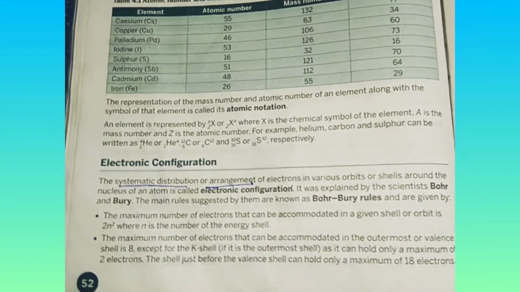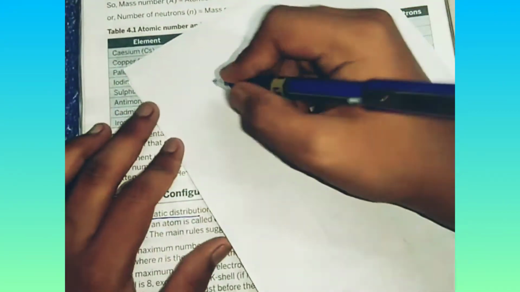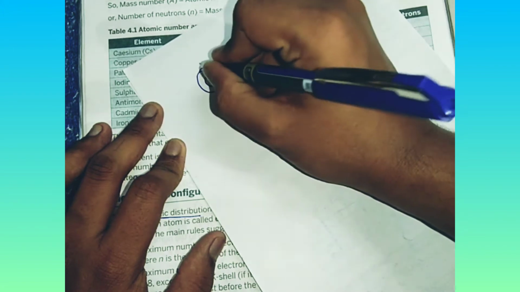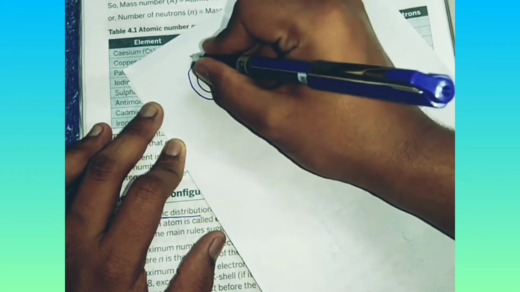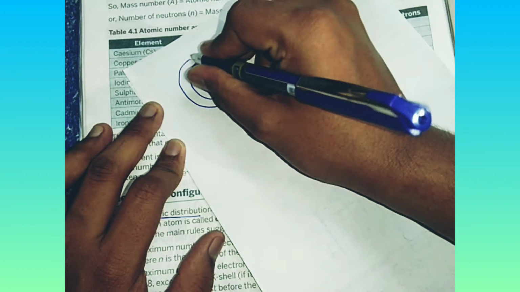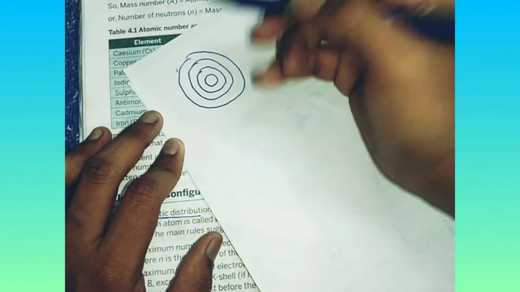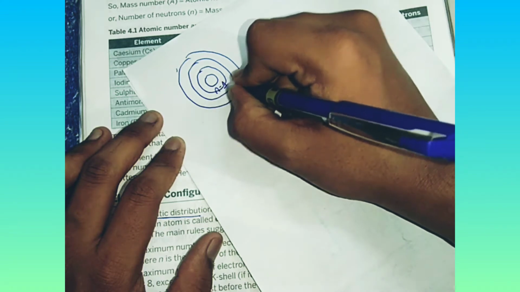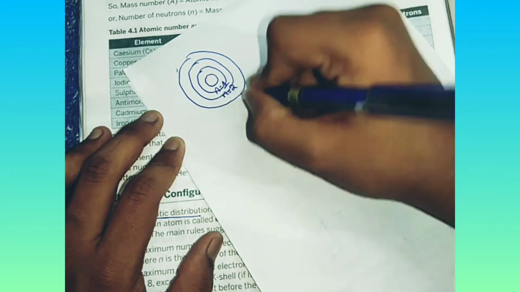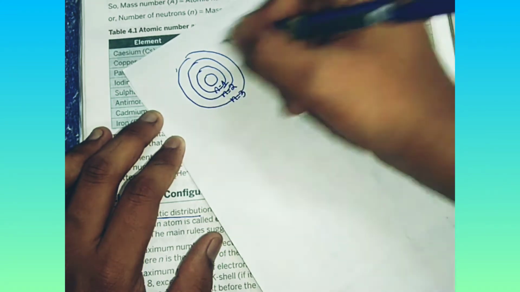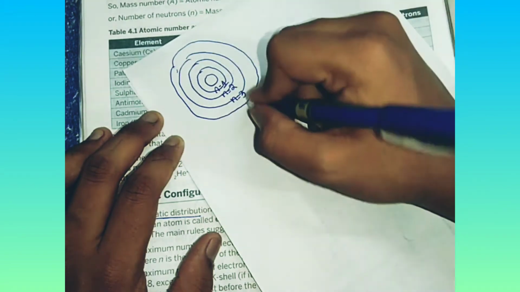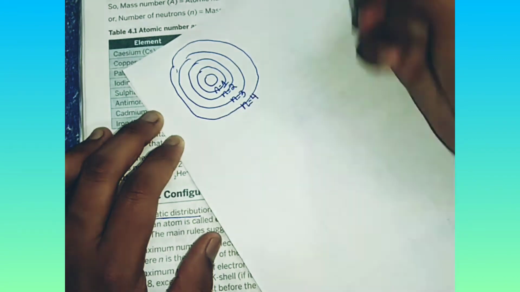So what is the number of shells we have? Suppose this is the nucleus. These are the shells in which the electrons will revolve. This is shell number 1, this is shell number 2, this is shell number 3, and this is shell number 4.